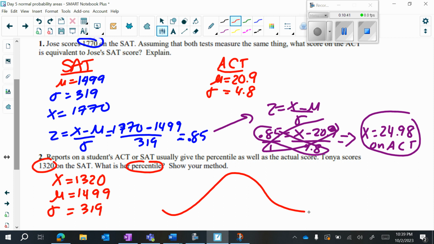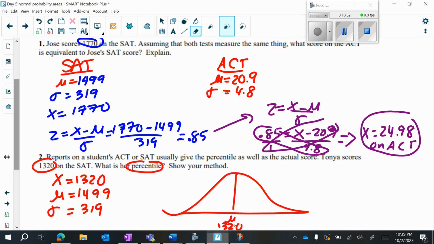First thing I always recommend is that you draw the sketch and label and shade what you know. So where is Tanya with respect to the mean? The mean was 1499, but Tanya was to the left of the mean.